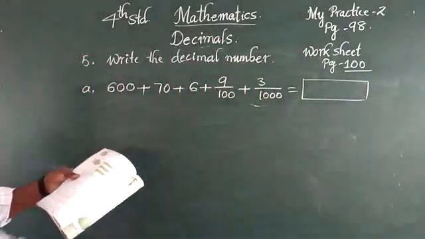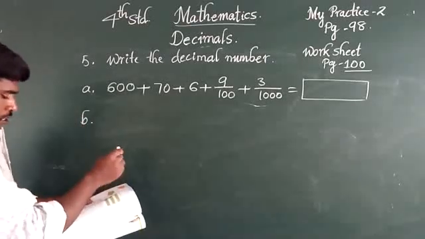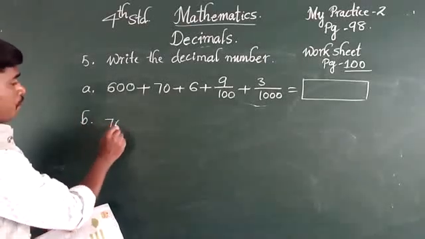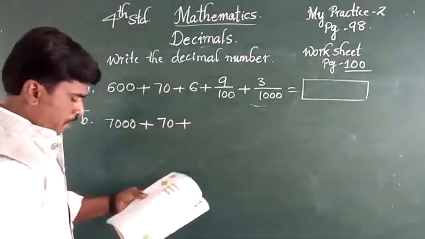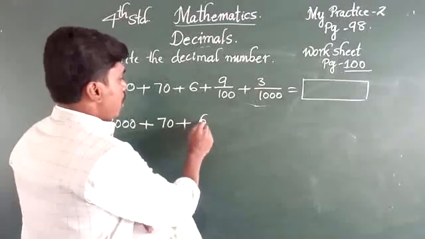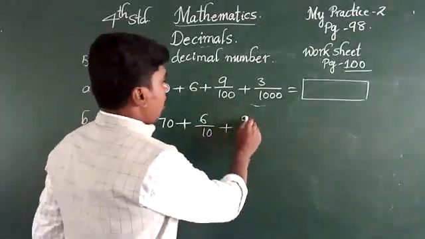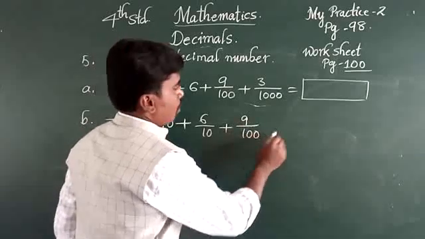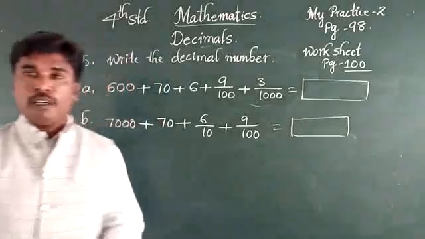Next one, B is 7000 plus 70 plus 6 by 10 plus 9 by 100. So here also you write it in the decimal form.